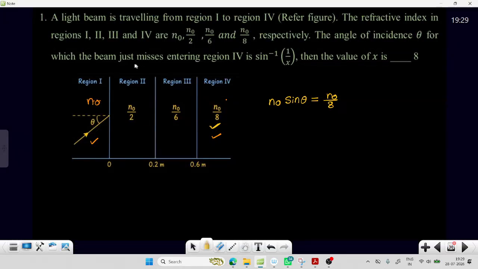What they are saying here is that the beam just misses entering the region. That means it is not entering into this medium.